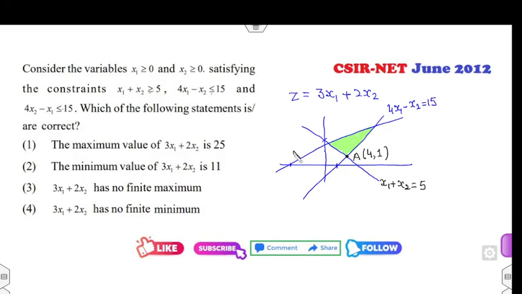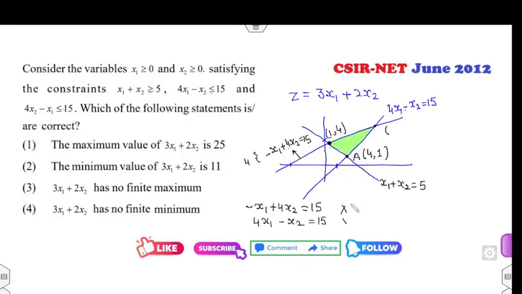This is the line corresponding to -x1 + 4x2 = 15. If you add them, 5x2 is 20, so x2 will be 4 and x1 will be 1. Can you find this coordinate? That is by solving these equations: -x1 + 4x2 = 15 and 4x1 - x2 = 15.